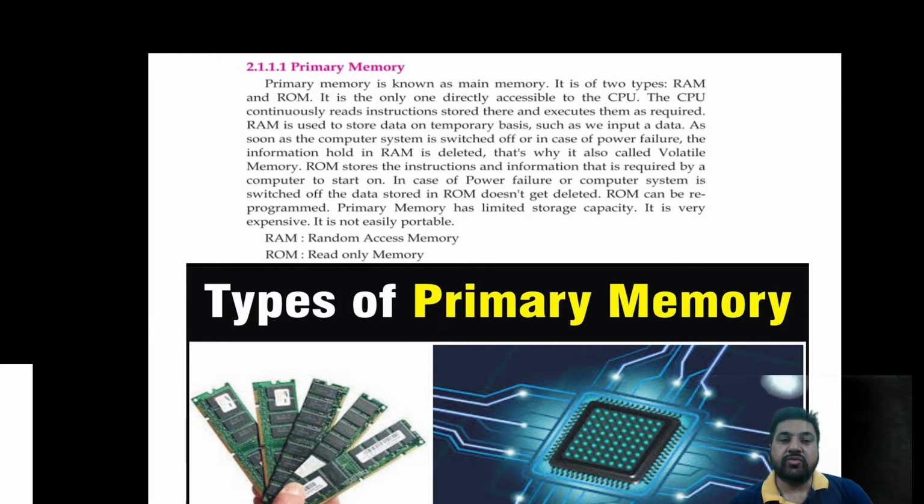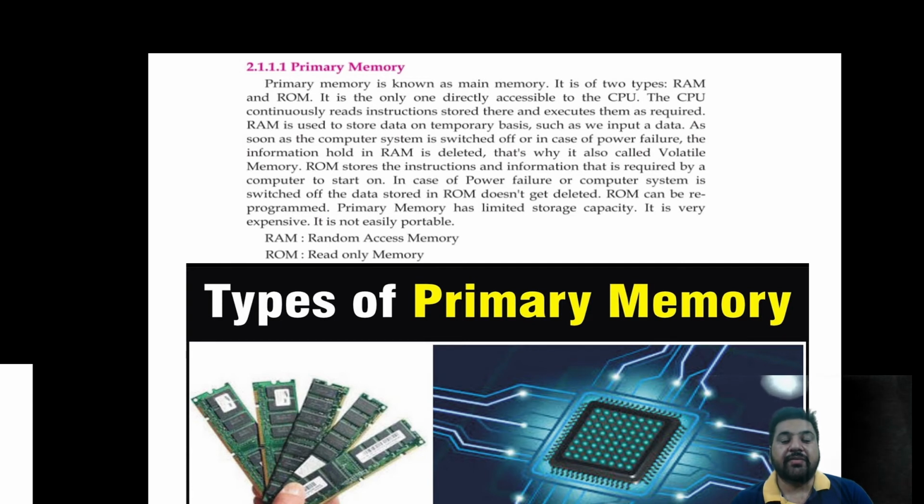RAM is used to store data on a temporary basis. As soon as the computer system is switched off, or in case of power failure, the information held in RAM is deleted. That is why it is also called volatile memory. ROM stores the instructions and information required by a computer to start on.